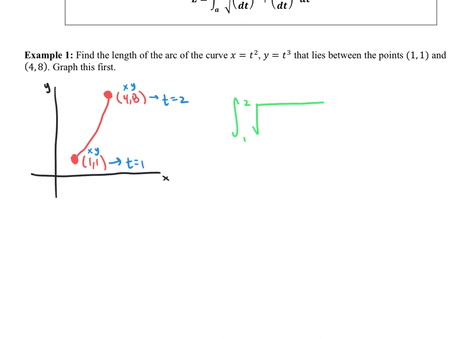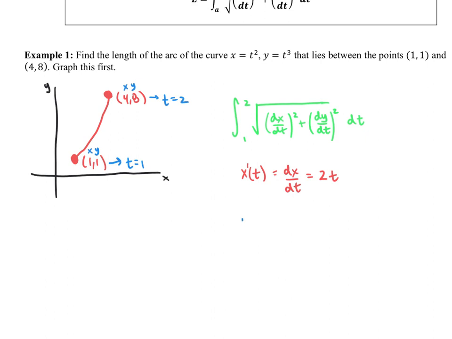So it's the square root of (dx/dt) squared plus (dy/dt) squared, which we're going to calculate right now, and it's with respect to t. Again, we have our original x equal to t squared. So x prime, the same thing as dx/dt, will be 2t.